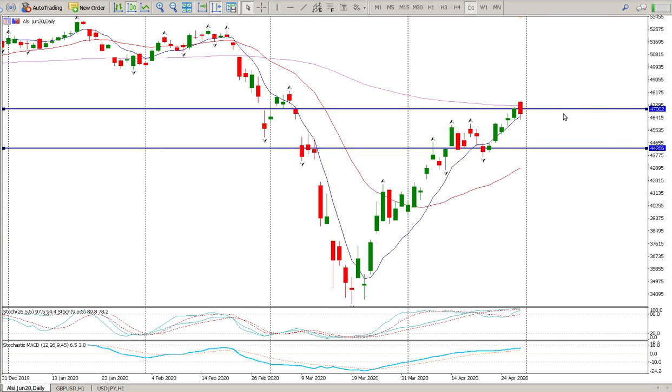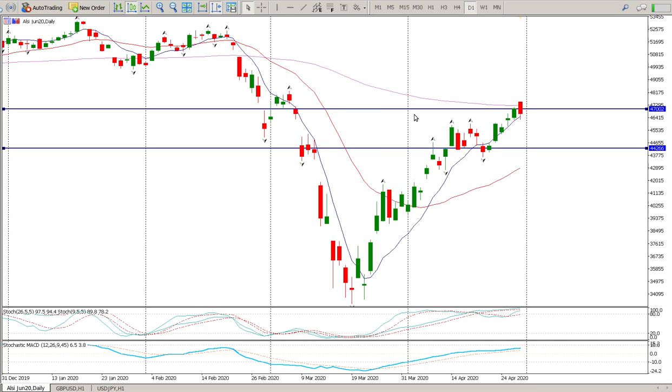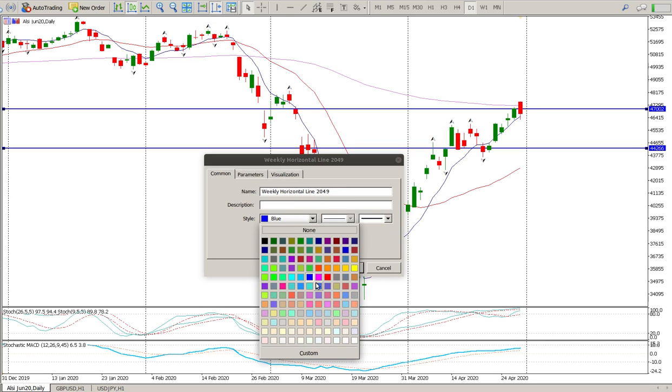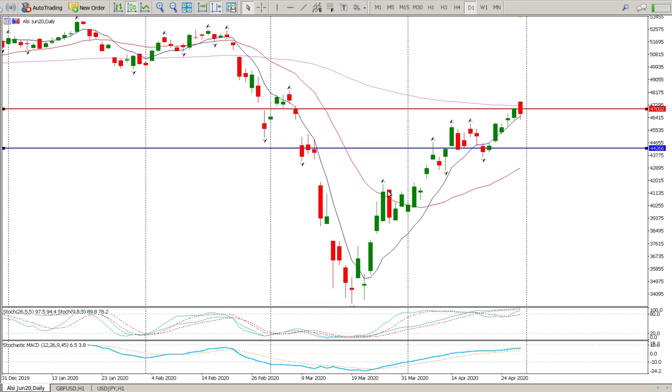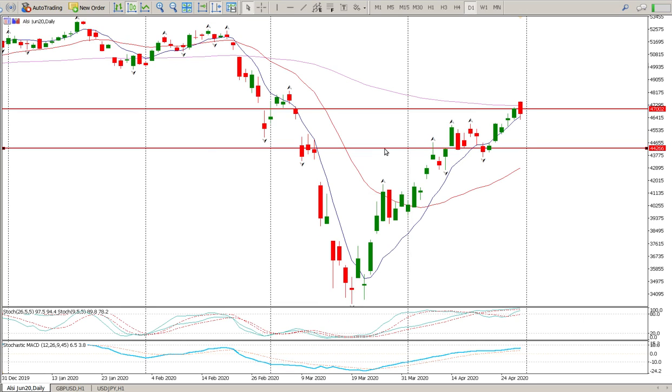I just want to change the colors of those two areas to red, so that I know those are the two weekly levels that I need to pay attention to. I don't want to be trading shorts or trading long when I'm that close to a weekly level.